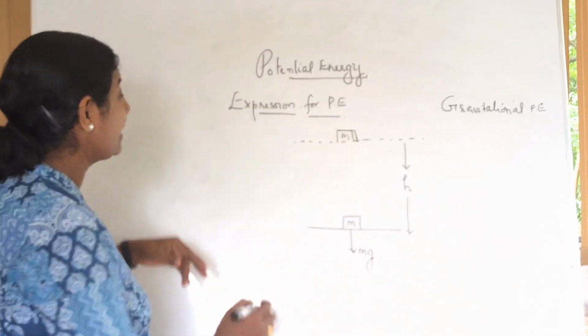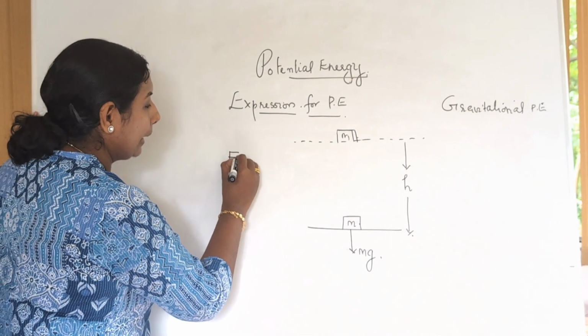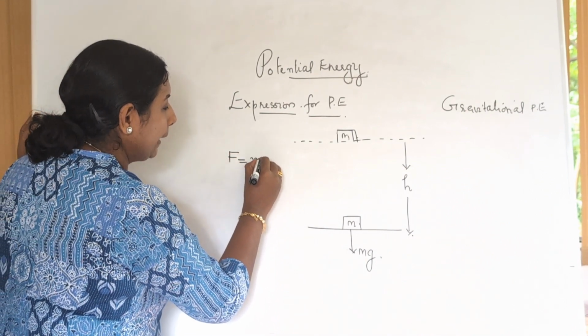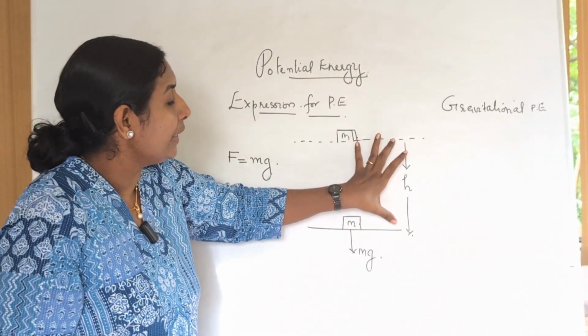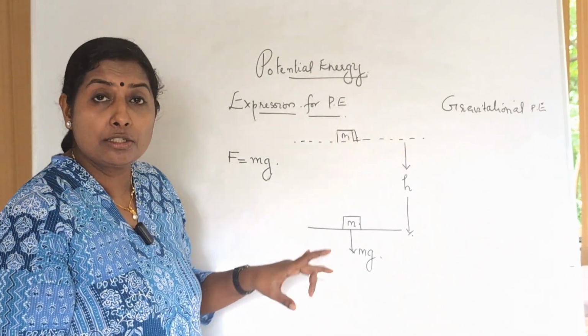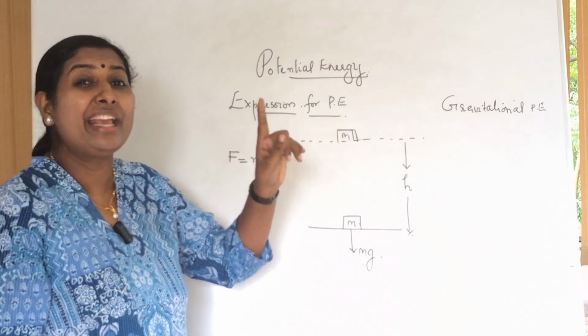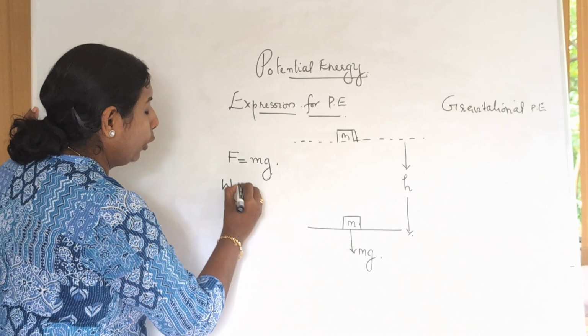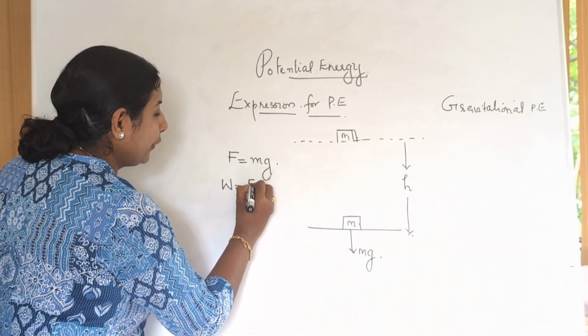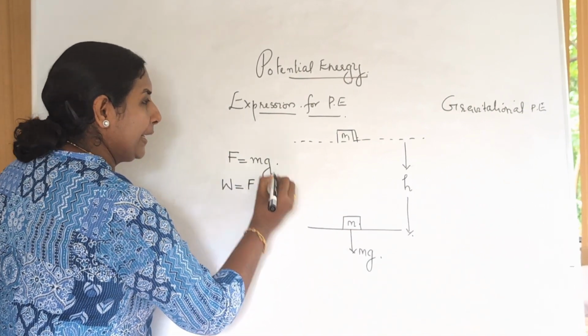So what is the force applied by us in this particular case? It is mg. This is the force applied, and through which distance is it traveled, or what is the displacement here? h. So the work done on the body will be force into displacement, we know.